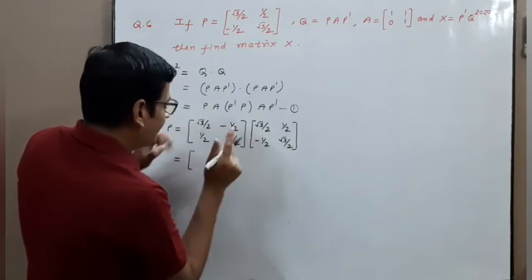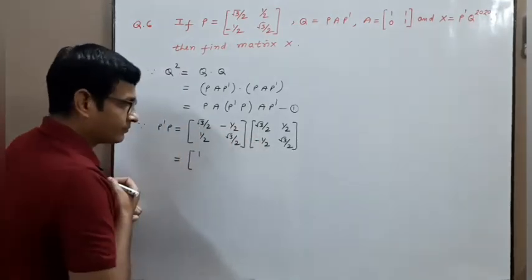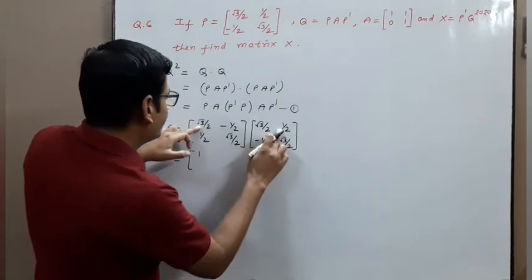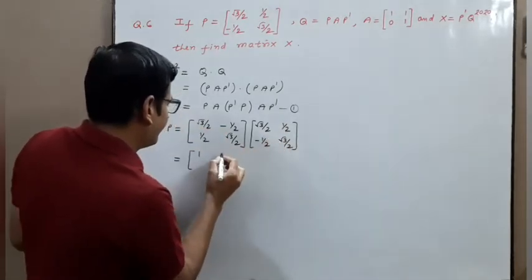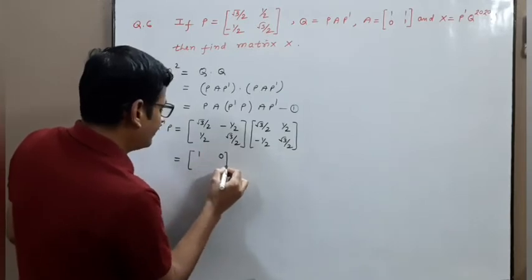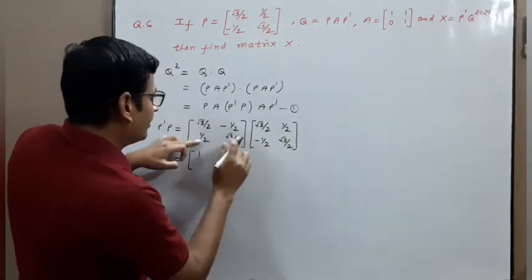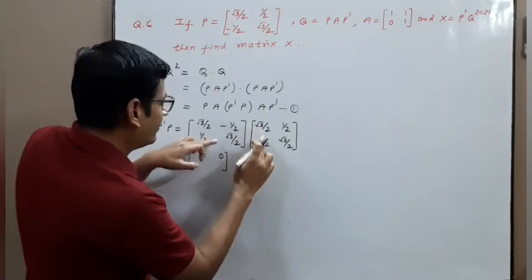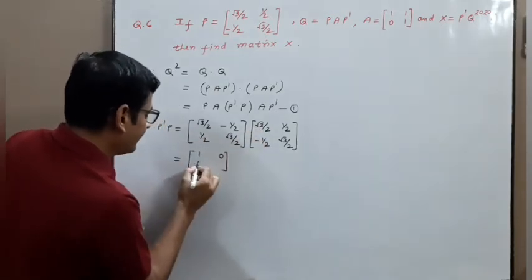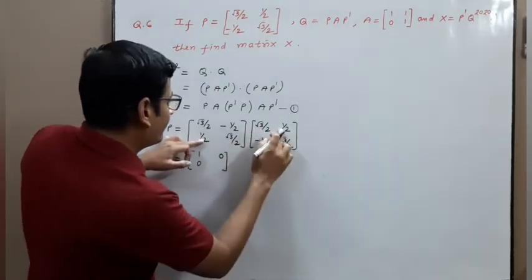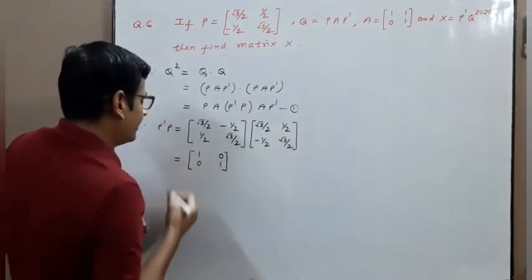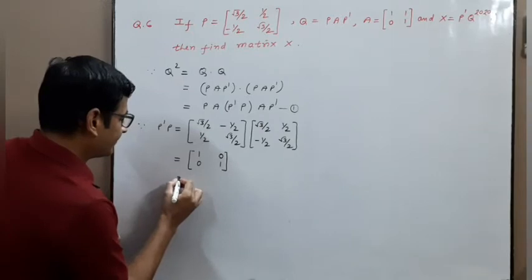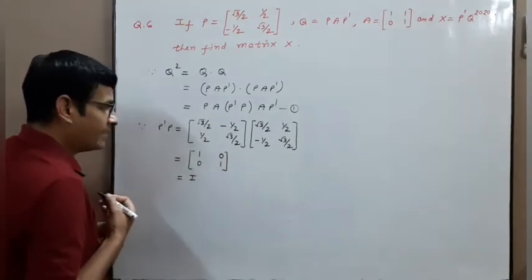So 3 by 4 plus 1 by 4 is 1. Now this into this, root 3 by 4 and minus root 3 by 4 cancel, so we get 0. Now this into this, root 3 by 4 minus root 3 by 4 cancel, 0. 1 by 4 plus 3 by 4 is 1, means we get identity matrix. So P P dash equal to identity matrix.